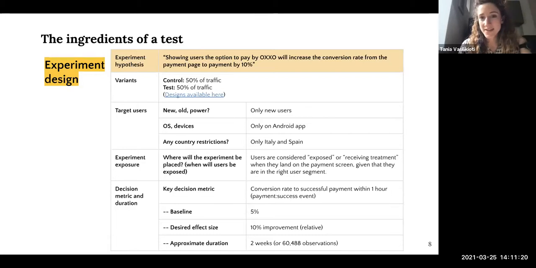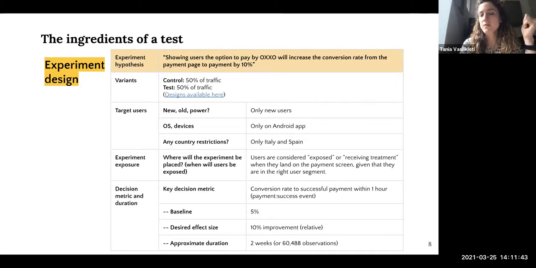Now, you might notice this is not actually an experiment hypothesis as it would be written in a scientific context, but it is what helps people communicate about the purpose of the experiment. It also contains some other information, such as what is the metric that we're interested in, so the conversion rate from payment page to payment.